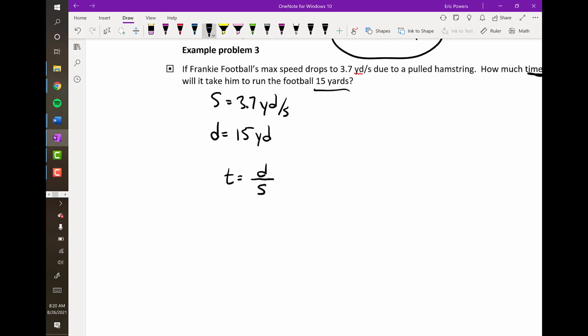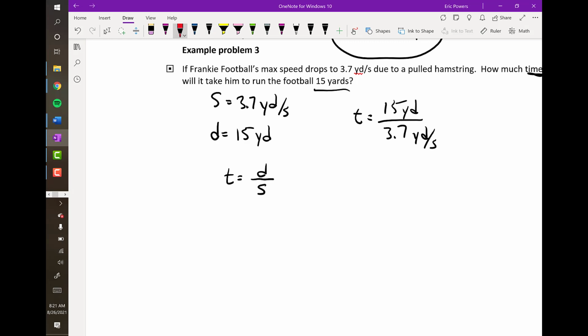All right, plug them in. Oops. Try that again. So plug it in. So we have 15 yards over 3.7 yards per second.